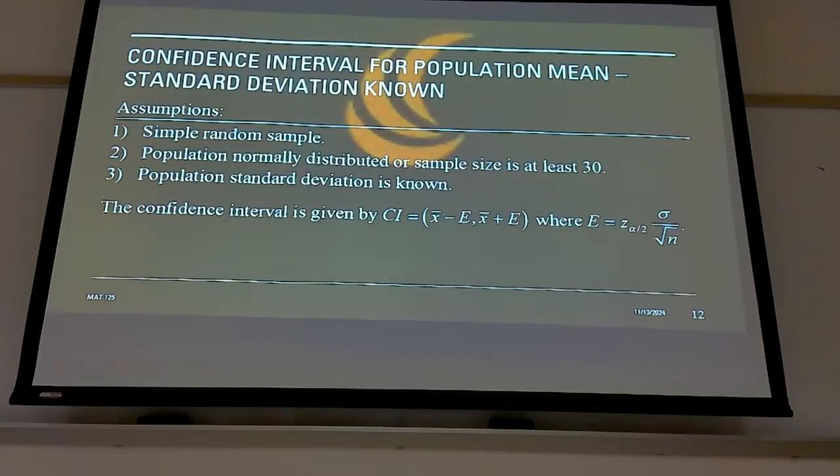Don't worry, I'm going to give you some common critical values for Z. Alpha is 1 minus the confidence level, which is going to be on the next slide. So if it's 95% confidence, alpha would be 0.05. And E is error, right? Margin of error. Yes.